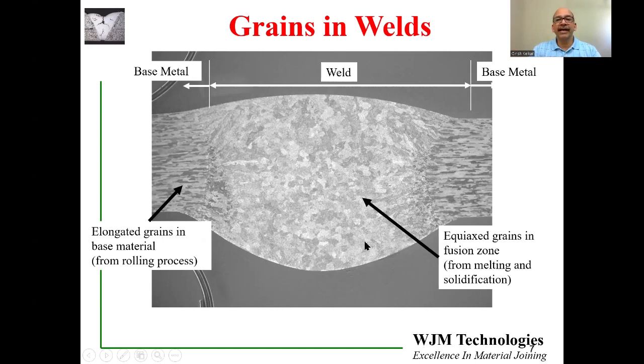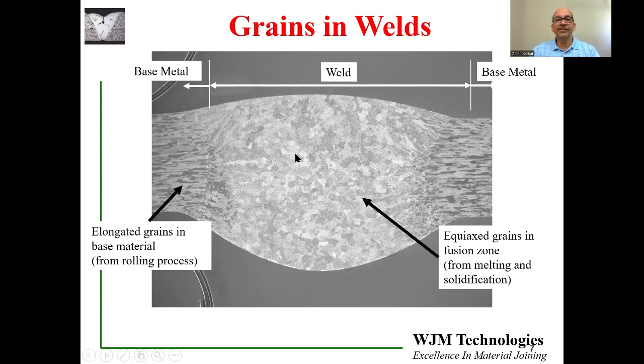However, if you look at the weld itself, you do not see any direction because these are called equiaxed grains. That means the majority of the grains in the middle look like they do not have a certain preference in growing in a certain direction. So here we have a weld with directional elongated grains and equiaxed grains in the middle.